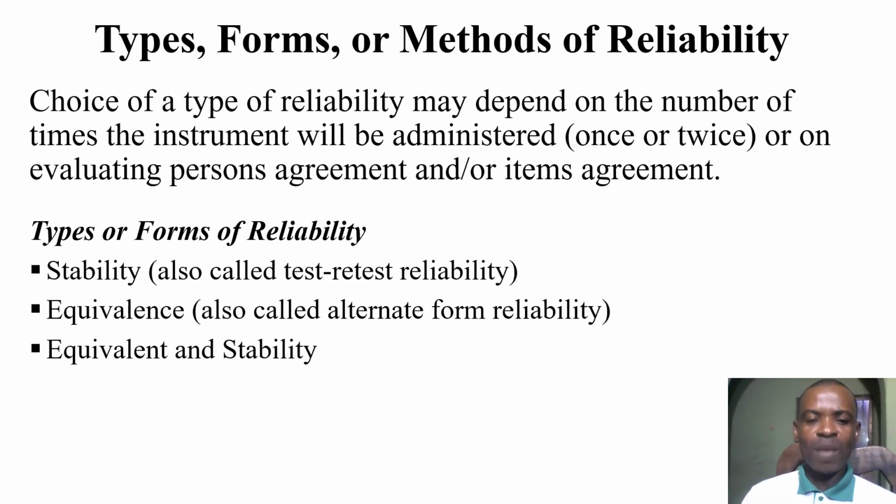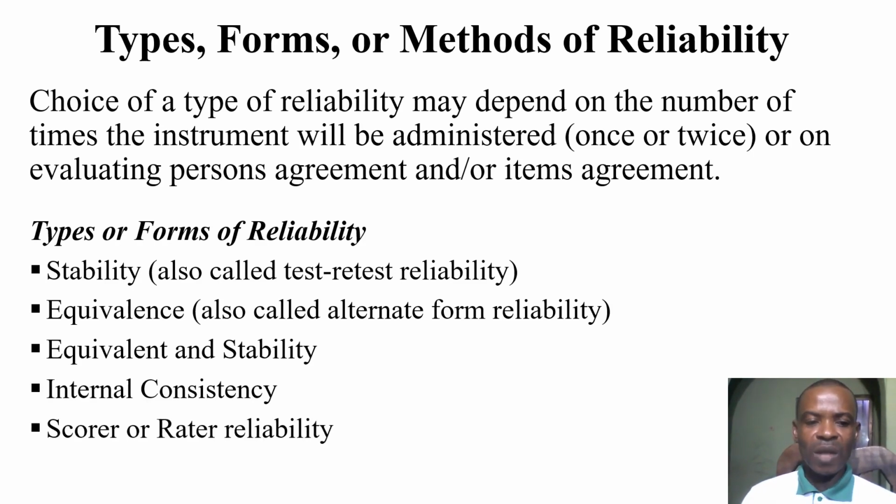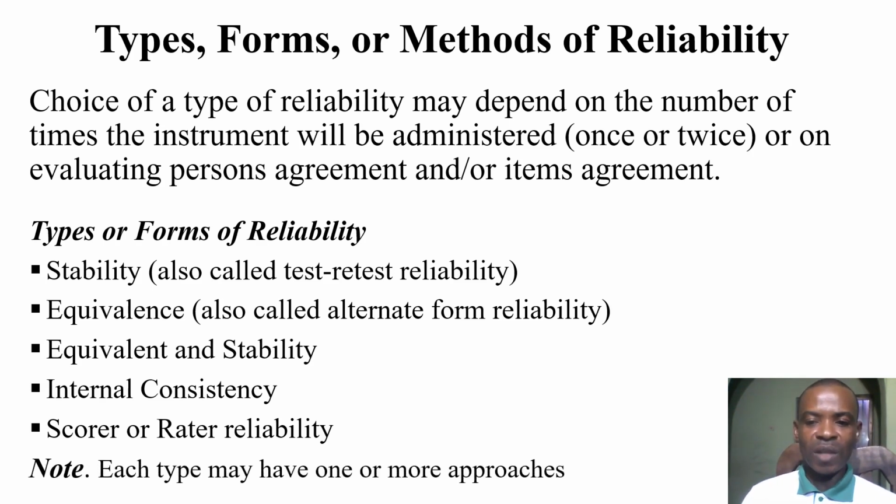Another type is the combination of stability and equivalence, which is why it is called equivalent and stability form reliability. Then we have the internal consistency reliability. And finally, scorer or rater reliability. These are the commonly used types of reliability in research.